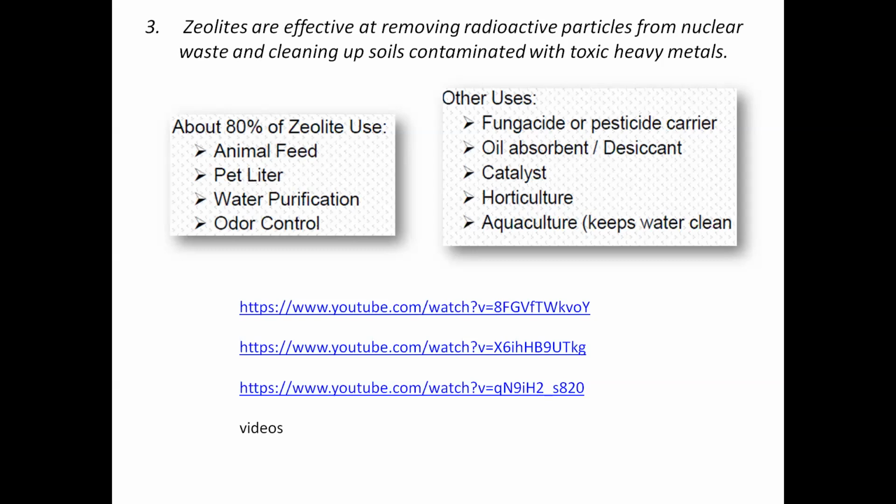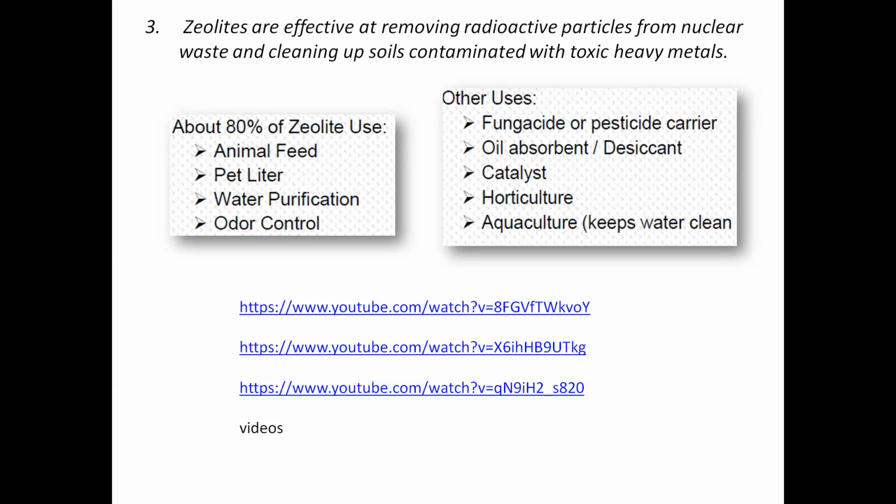So they have many applications: animal feed, even human feed, medicines, because if you have medicines in them, these medicines get released at a controlled rate. Pet litter, waste purification, odor control, catalysis, horticulture, aquaculture, because in aquaculture the water remains clean.